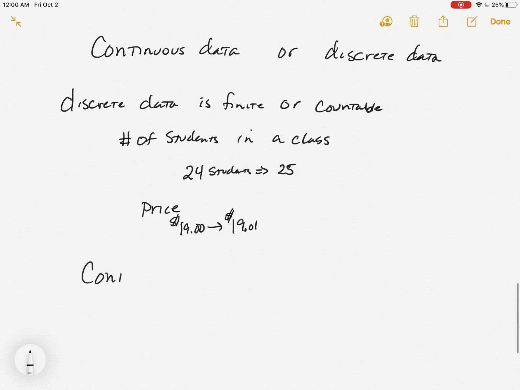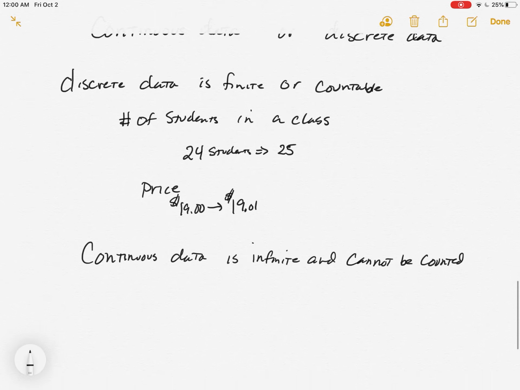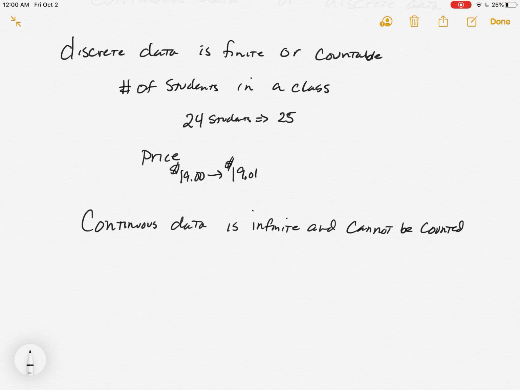When you have continuous data, it is infinite and cannot be counted. Okay. So, got to be careful about that. I'm not talking about you don't have enough time to count it.